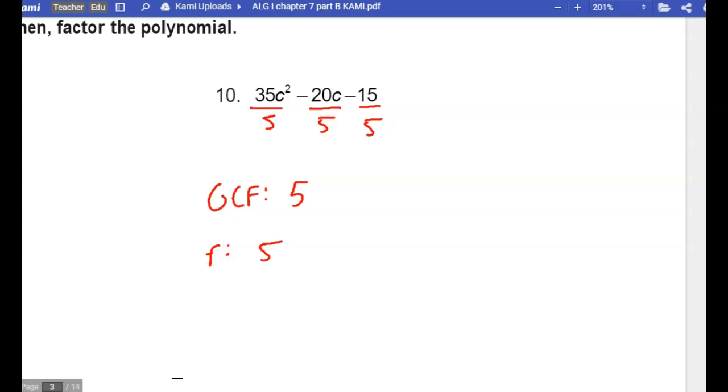I have that 5 pulled in front, and when I divide by 5, what is left? This will give me my two factors. So I have 7c squared, 20c divided by 5 is 4c, and then 15 divided by 5 is 3. If I multiply this back through to check my work real quick, that's 35c squared minus 20c minus 15, that checks.